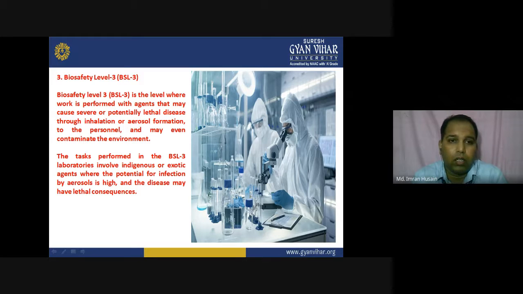Okay, inhalation of aerosol may affect the personnel and may even contaminate the environment. So that particular pathogenic agent is not only dangerous for the individual but also dangerous for the environment, right?